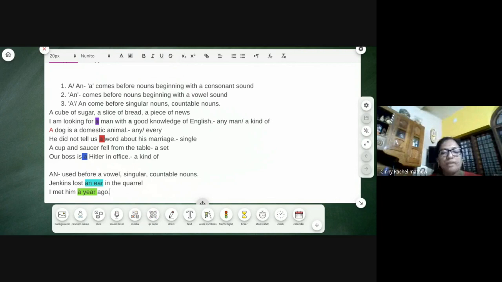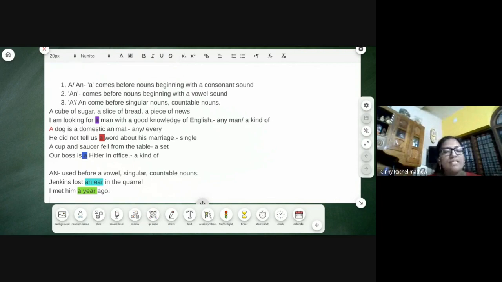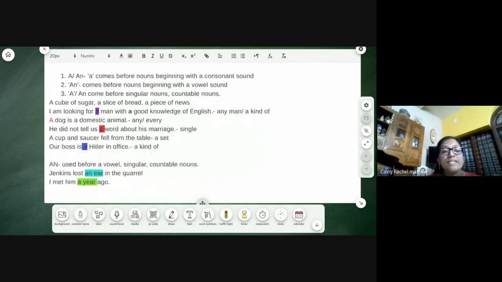Now, let us see whether we can say something as definite as that about the definite article the. The definite article the is used mostly to refer to something particular.